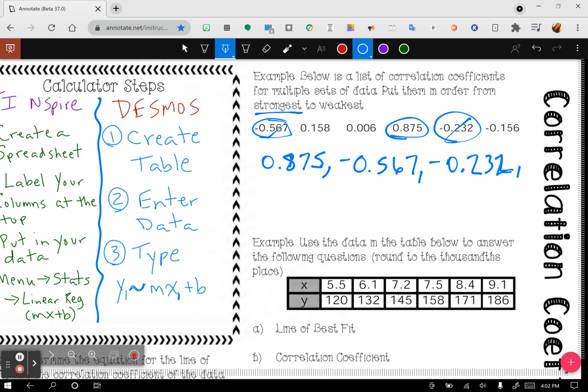The next strongest, this one's going to be close. We've got this one, and we've got this one right here. Well, the 8 is going to be stronger than the 6, because it's a little bit closer to 1, so 0.158, and then negative 0.156.